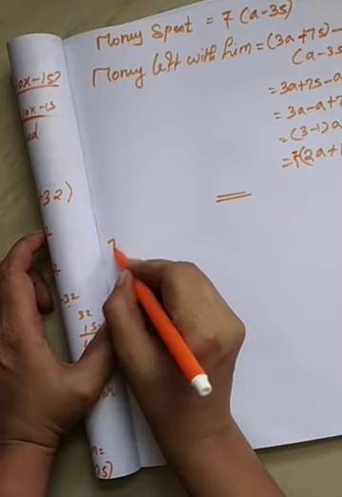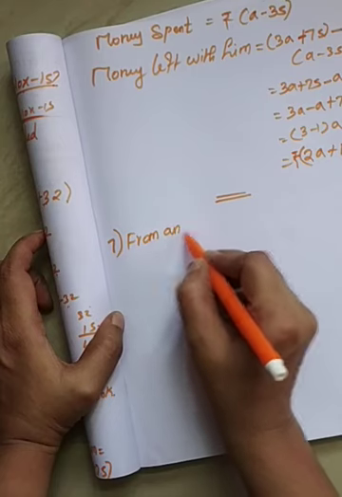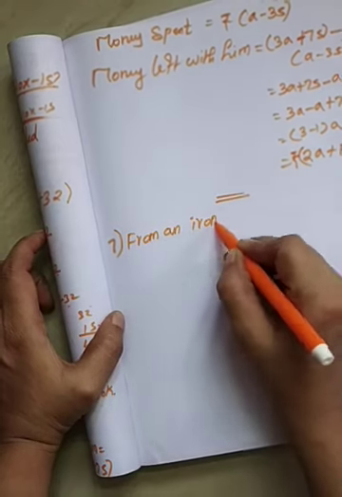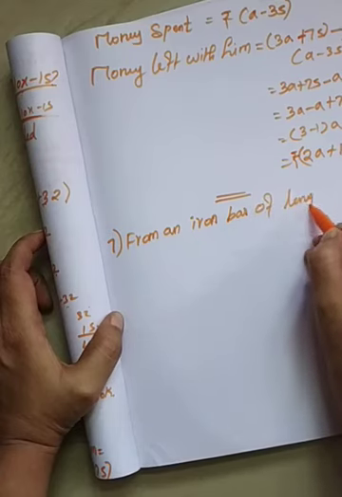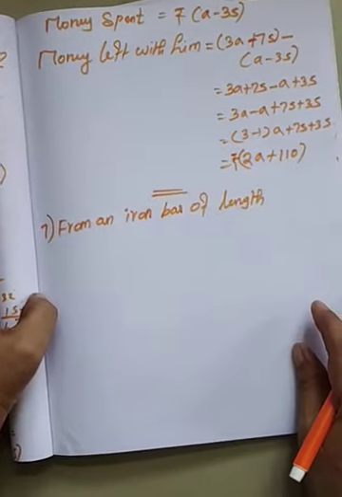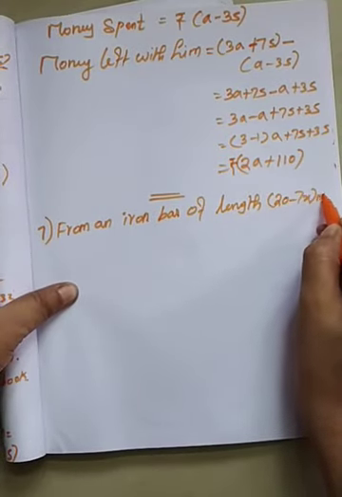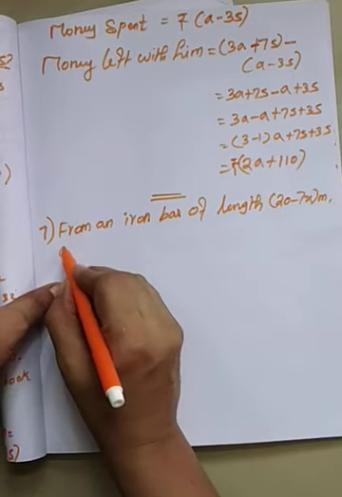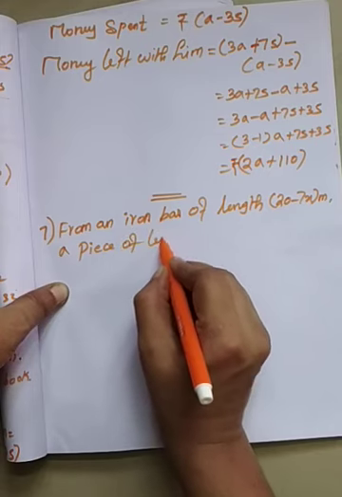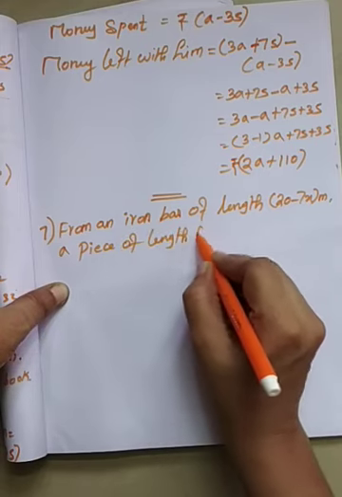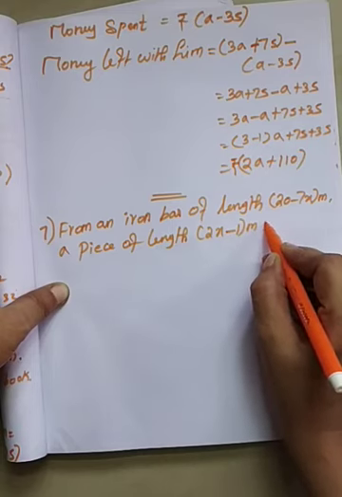The next problem. From an iron bar of length 20 minus 7x meter, a piece of length 2x minus 1 meter was cut.